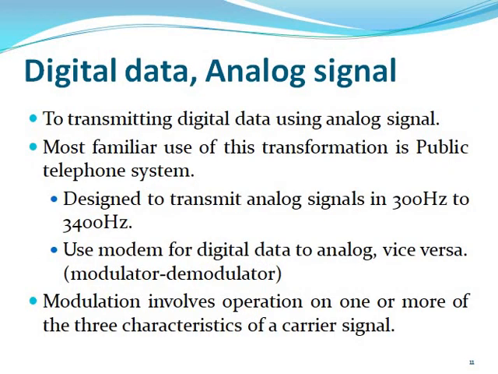Now we can show digital data and analog signal, that is, transmitting digital data using an analog signal. The most familiar use is in the public telephone system, which is designed to transmit analog signals in the range of 300 Hz to 3400 Hz.